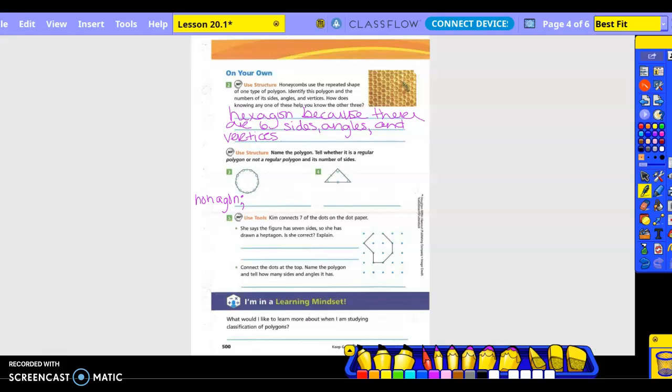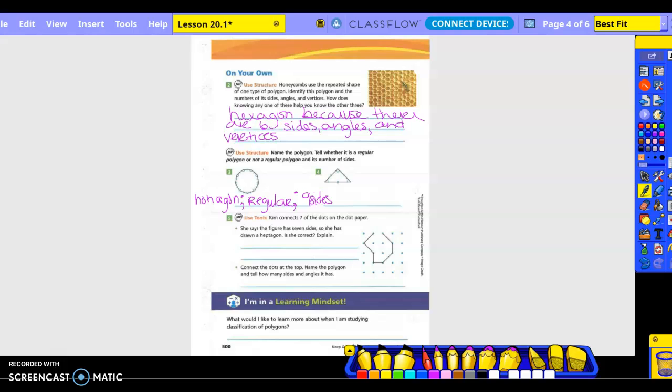Because each side has one little tack mark, right? And there's not any with 2 or 3, right? Meaning that they're all congruent. And then all the angles have one arc, right? And there's not any that have 2 or 3, which means they're all congruent. So it's regular. Okay, and then they want to know the number of sides, and we said 9 sides.